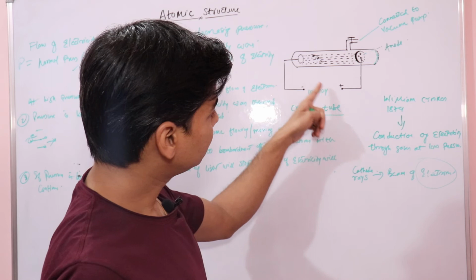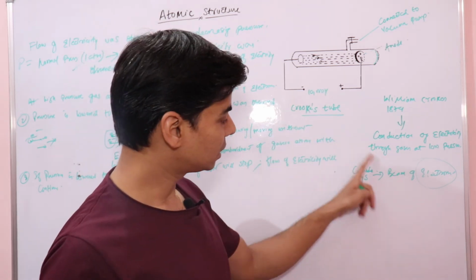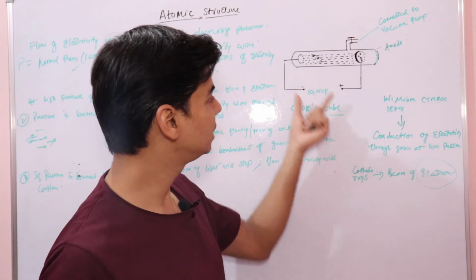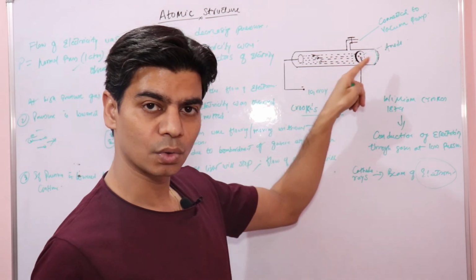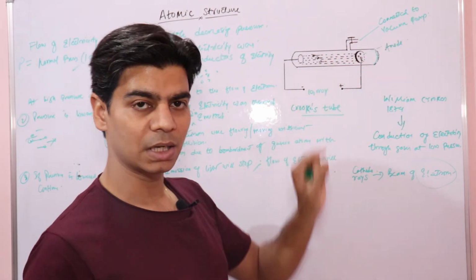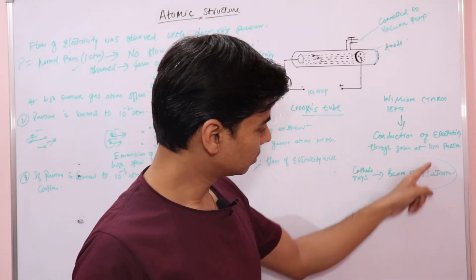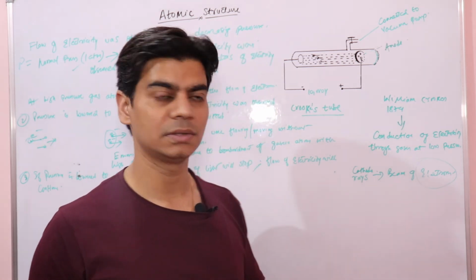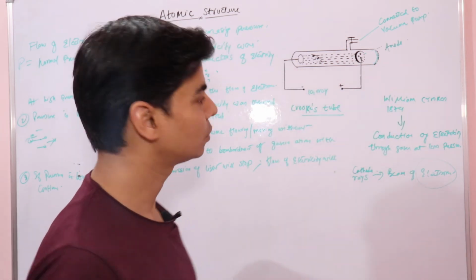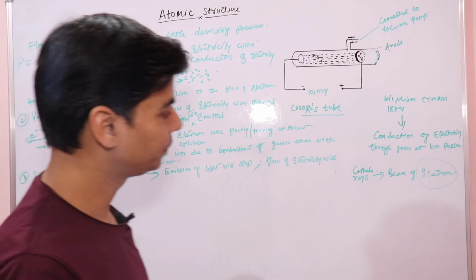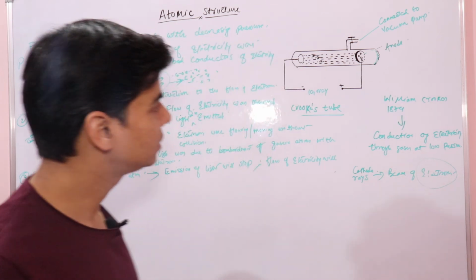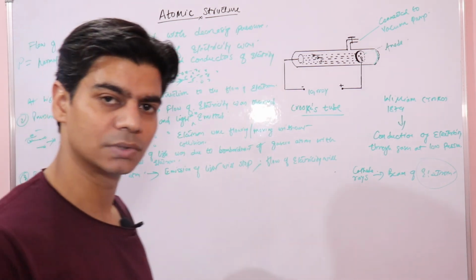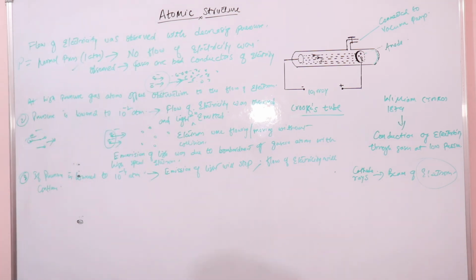These invisible rays, which we called cathode rays since they are moving from cathode to anode, are moving towards the positive electrode. That means the particles in these cathode rays are negatively charged. That is why they are moving towards the positive electrode. So this proves that these invisible rays consist of negatively charged particles, which we now call electrons. So this led to the discovery of electrons in the gaseous atoms.